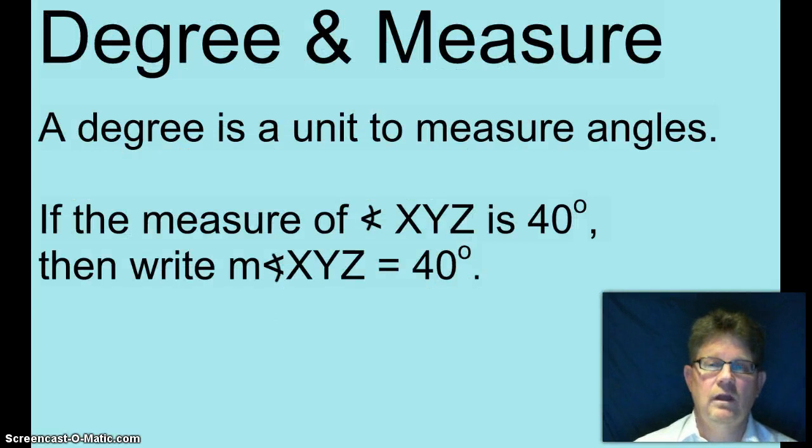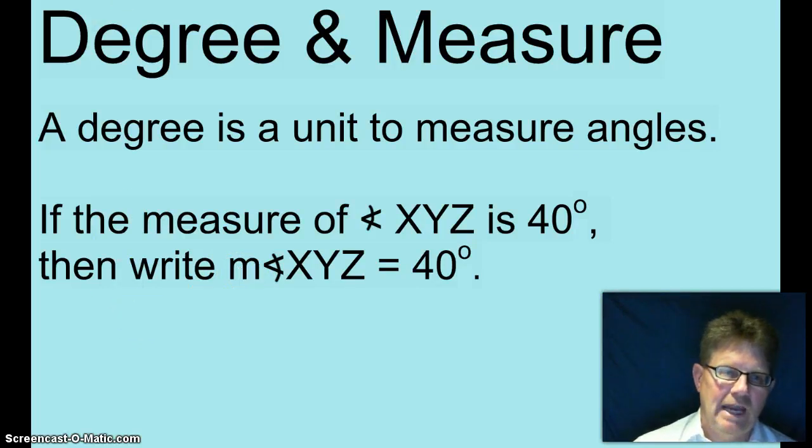Okay, degree and measure. A degree is a unit to measure angles. If the measure of angle XYZ is 40 degrees, then write M, angle symbol, XYZ equals 40. This M stands for the word measure. There are other ways to measure angles also.